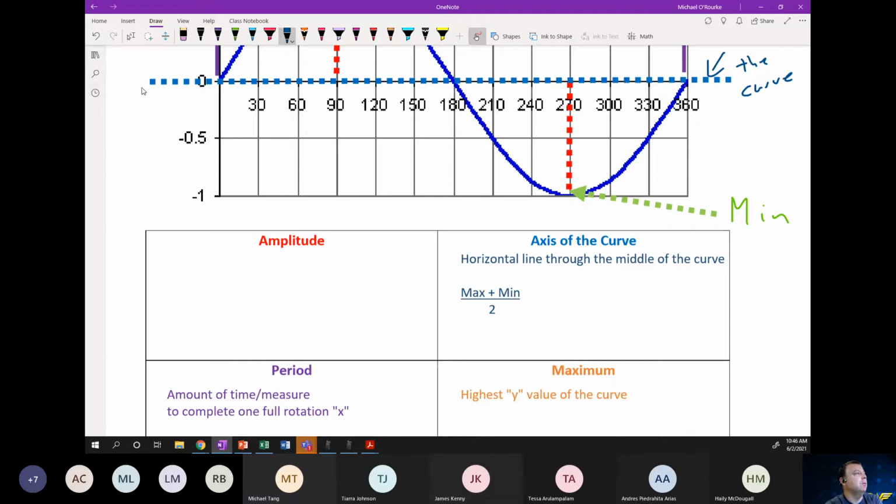So amplitude is distance from the axis to the max. What do they call max again? The hill and min.